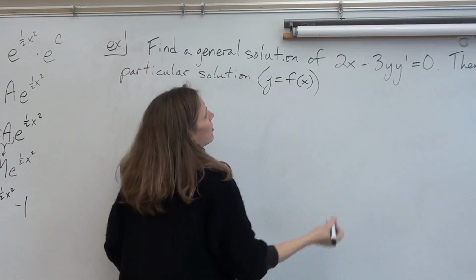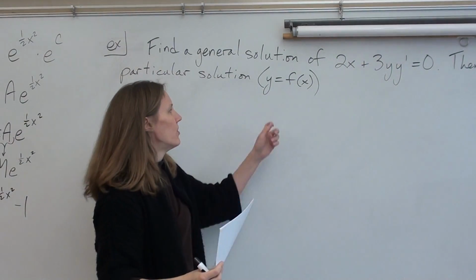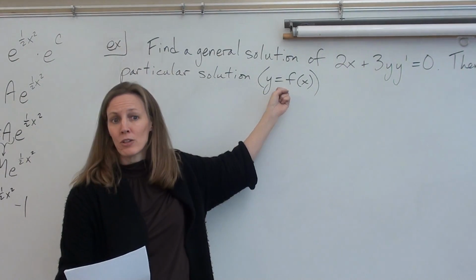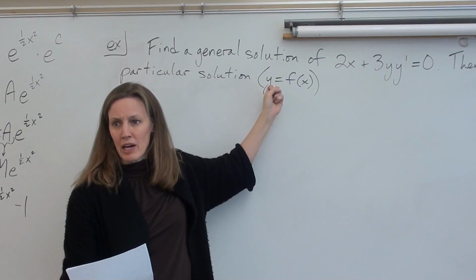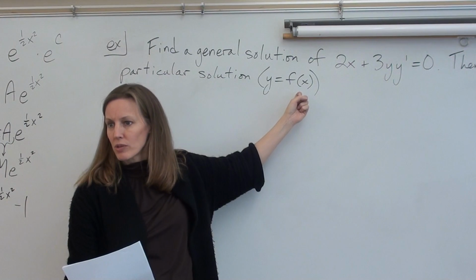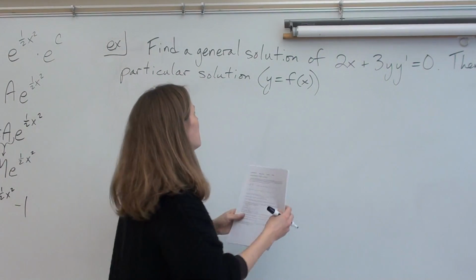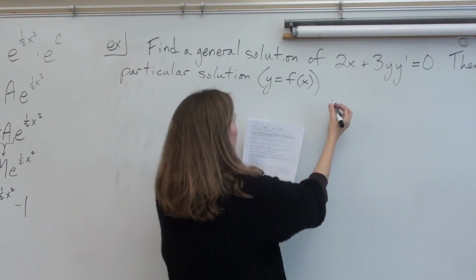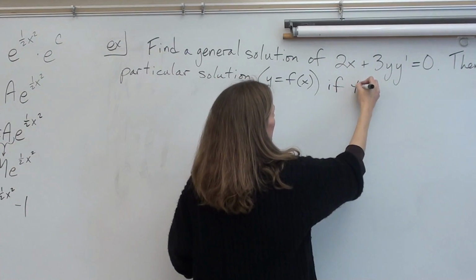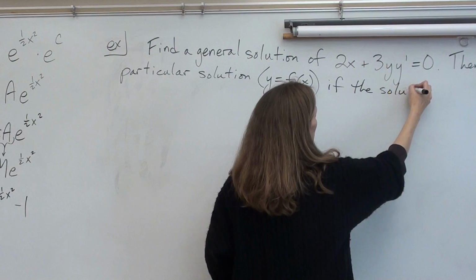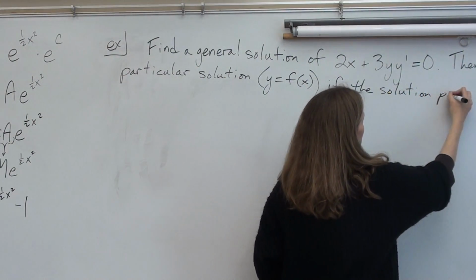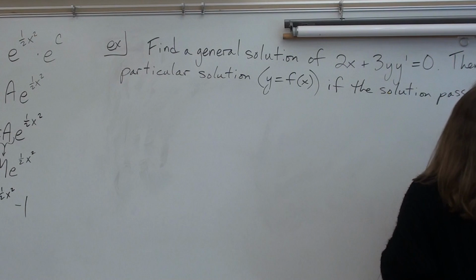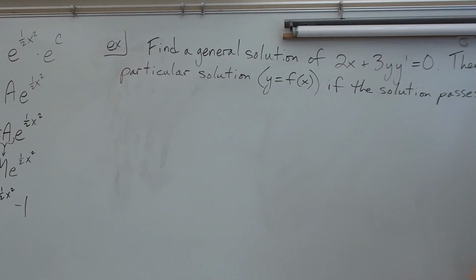This is how they express that it has to be a function. This is kind of their way of saying, not only do you have to solve it for y, but your answer had better be a function, right? So find the particular solution, y equals f of x, if the solution passes through the point (1, -2).